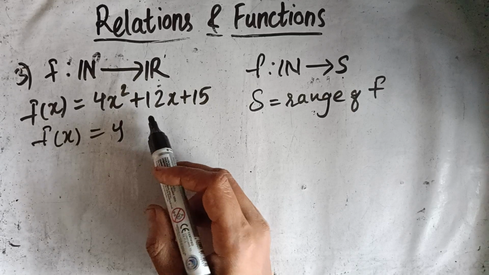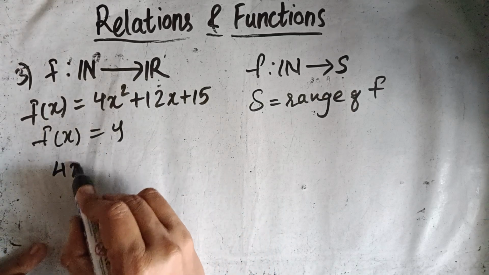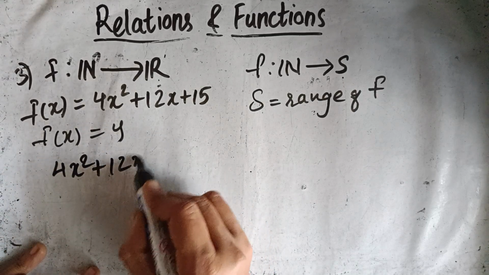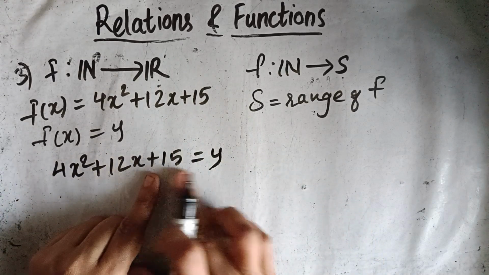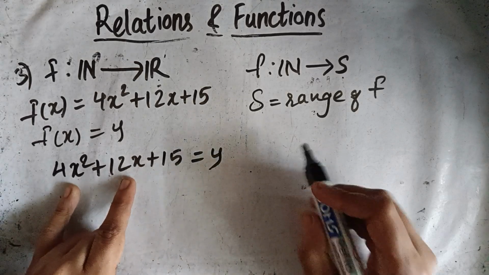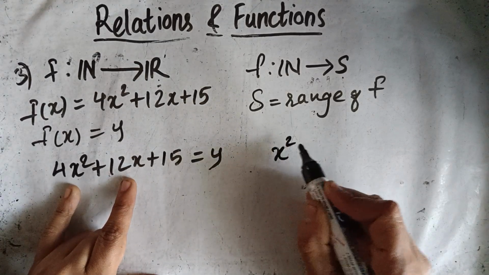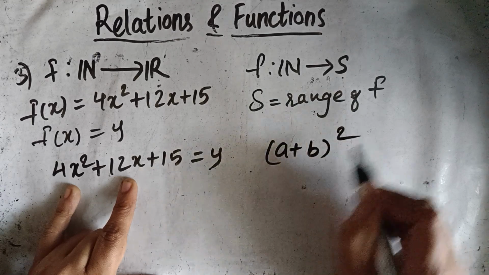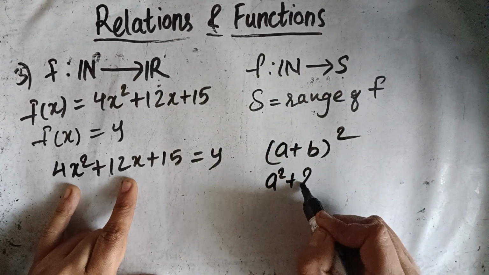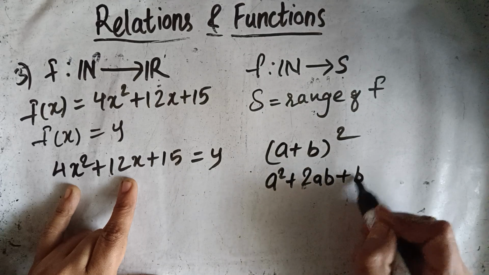So 4x square plus 12x plus 15 is equal to y. So 15 you have to discard. Just see these two numbers. We want a plus b the whole square, which is a square plus 2ab plus b square.